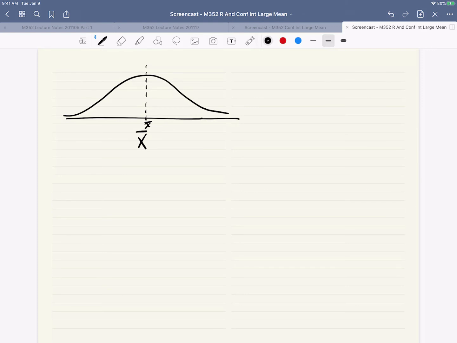So what we want to do is find cutoffs here that tell us that this area is 75% of the area under the normal curve. That means that in the tails, we're going to have 25%. So in each tail, we'll have 12.5% of the area.